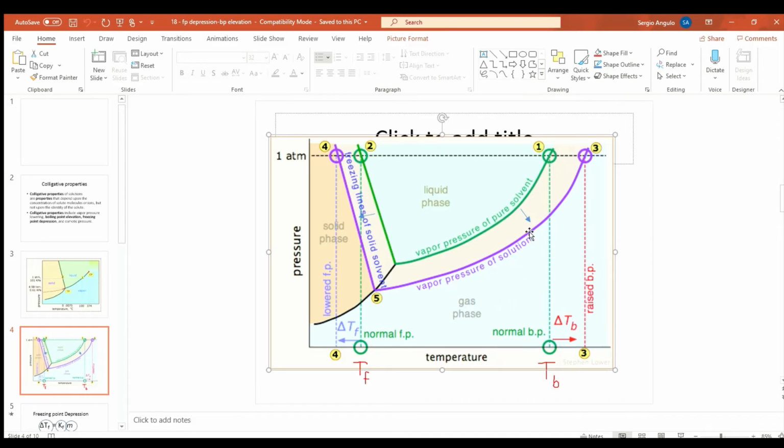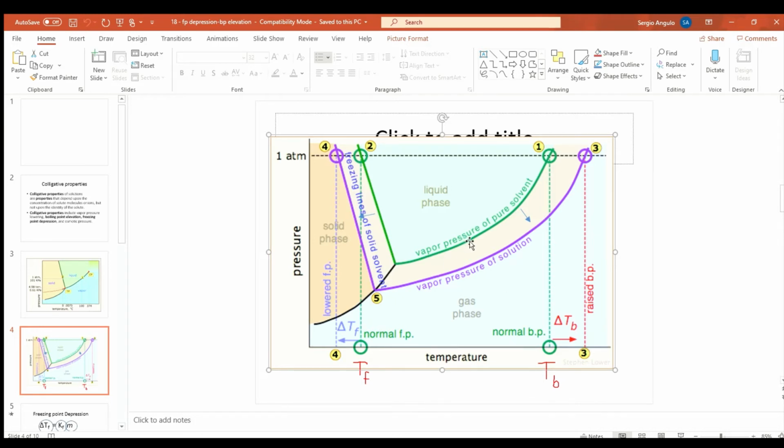As this line moves to the right here, now instead of hitting the line for the pure solvent and looking up the boiling temperature, and you can see we use capital T lowercase b to represent boiling temperature, or boiling point. Okay. So T subscript F is freezing temperature. T subscript B is boiling temperature.